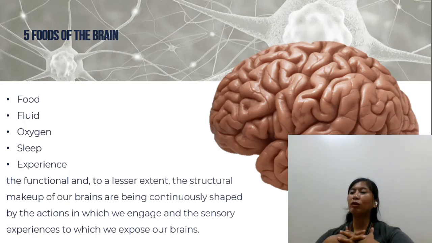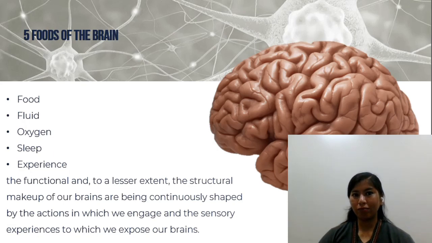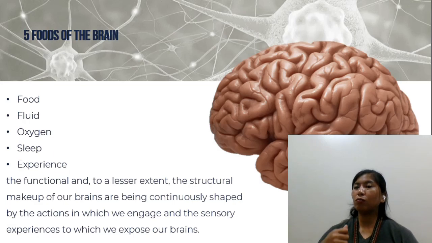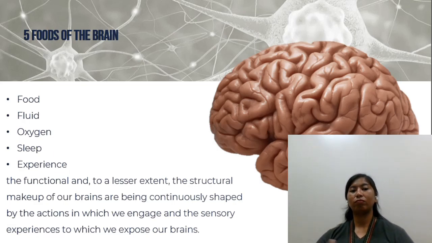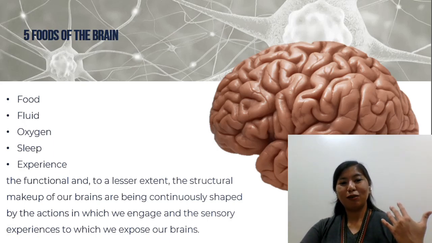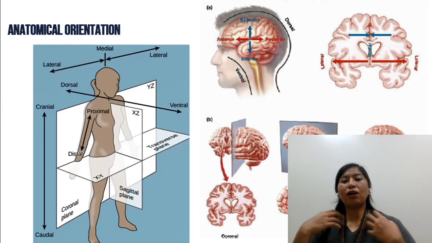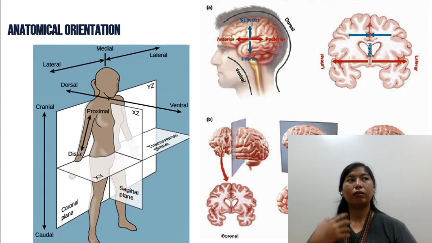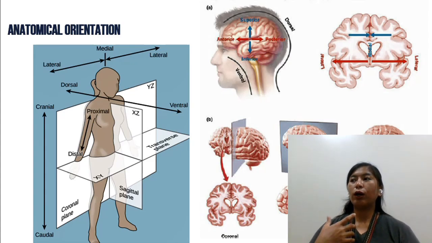And lastly, this is the most interesting part, we need to be well versed in our environment. The experience right here is referring to the learning. We need to continuously learn as part of what we are feeding our brain. So for it to be sharp, we need to keep on learning. That's part of the metaphysical component of feeding our brain.